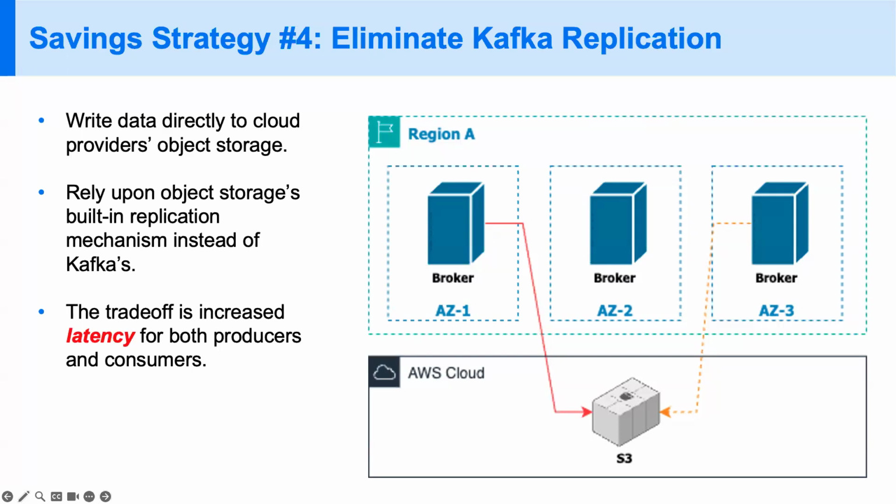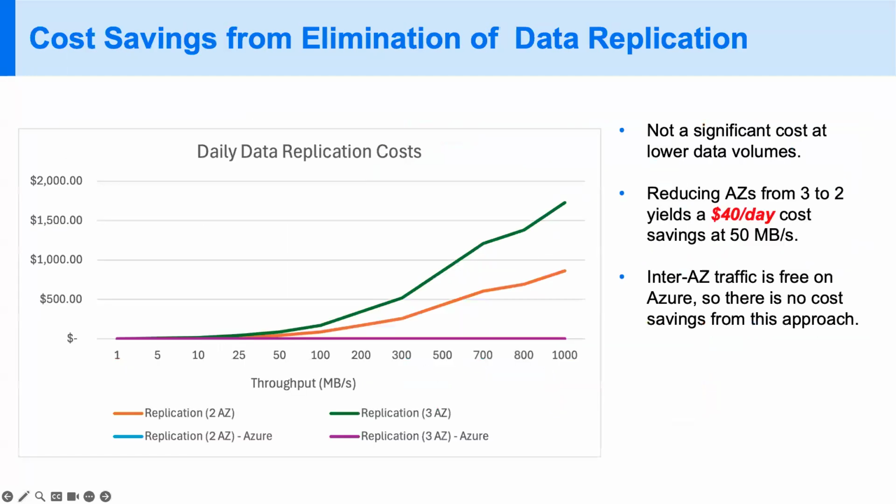This is because there's an additional cost incurred every time you do a put or get operation on these object stores, and you want to make it more efficient as well. So you try to balance the costs by buffering these things up, but the trade-off is latency on the producer side, and on the consumer side there's some additional latency involved.